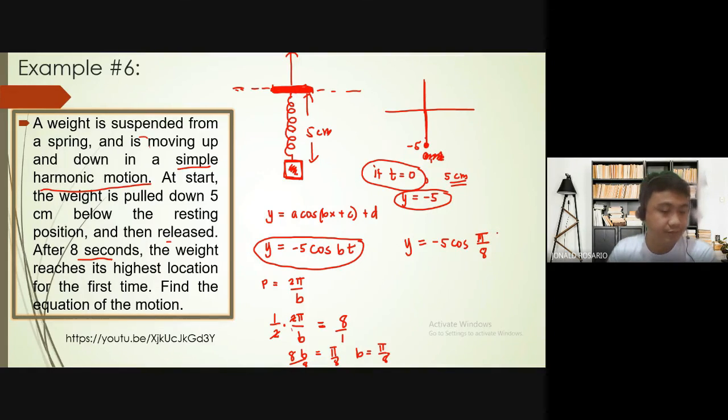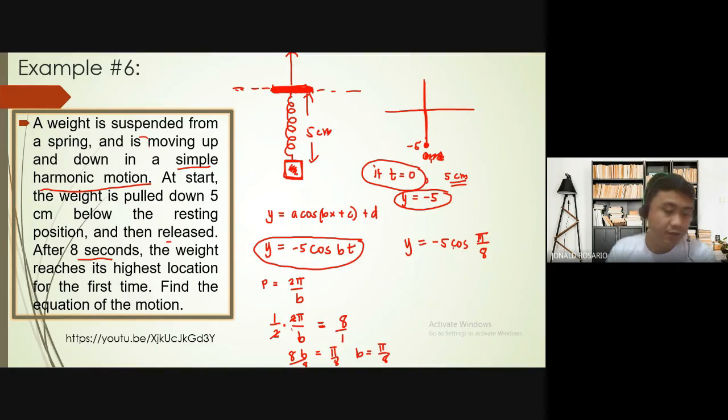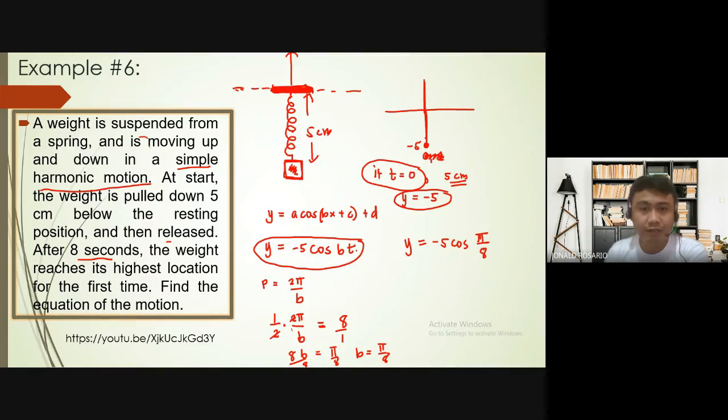Jelis. Sir, ano po ulit yun? Di ba doon sa module ninyo, our b is pi over 8, di ba? Tama ba? Yes, sir. Okay, doon sa equation na final na binigay dyan. Okay, ano ba yung hinahanap pala natin? Sorry. We're looking for the equation of the motion, di ba? Tama ba? Yes, sir.